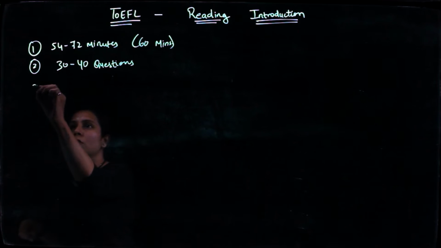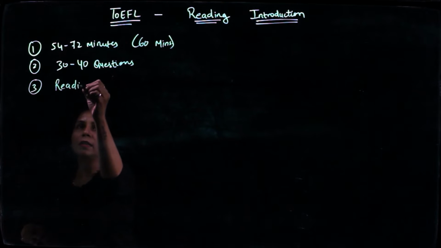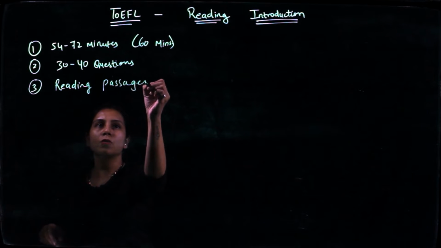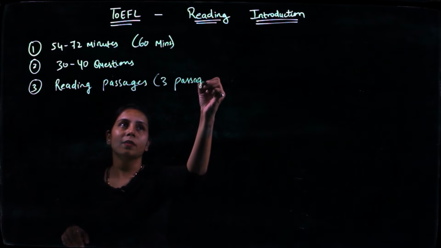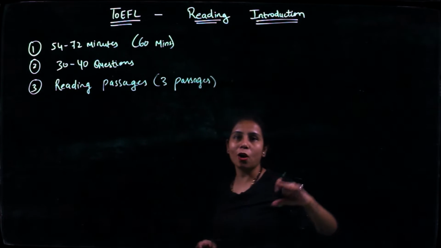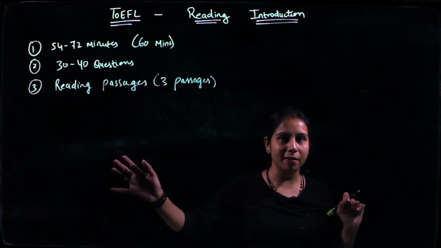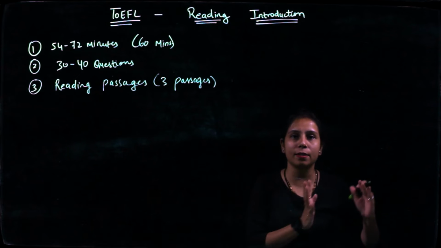Then we talk about the third scenario. You would be given passages in the reading section. How many passages would you be getting? 3 passages to read. 3 passages in the sense, not in terms of paragraphs. One passage can be of 10 paragraphs, another passage could be of 10 paragraphs. So this is how I am talking about 3 passages.